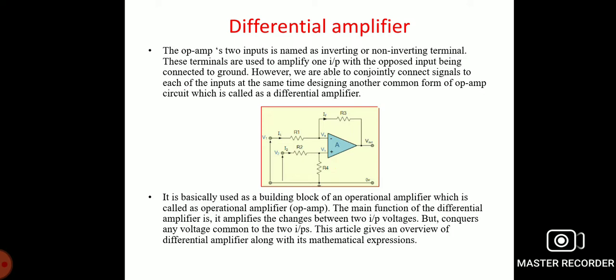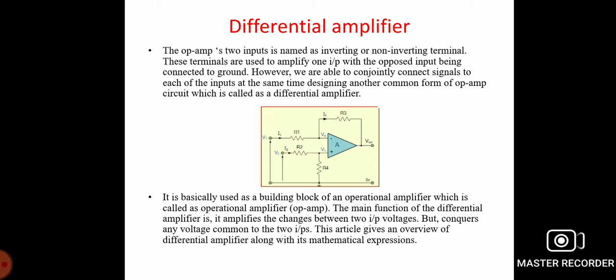However, we are able to connect a signal to each of the inputs at the same time, designing another common circuit with one output, which is called a differential amplifier. So we can see the structure: the two input signals V1 and V2, and the output signal V out. V1 is fed through the feedback resistance R3 and R4, and V2 is grounded.